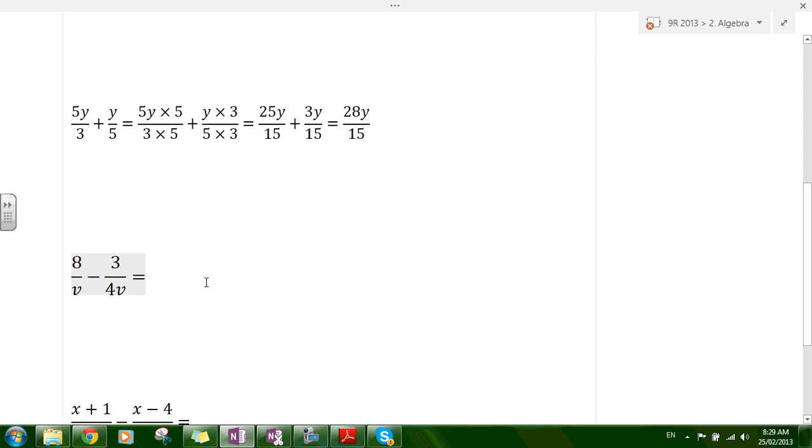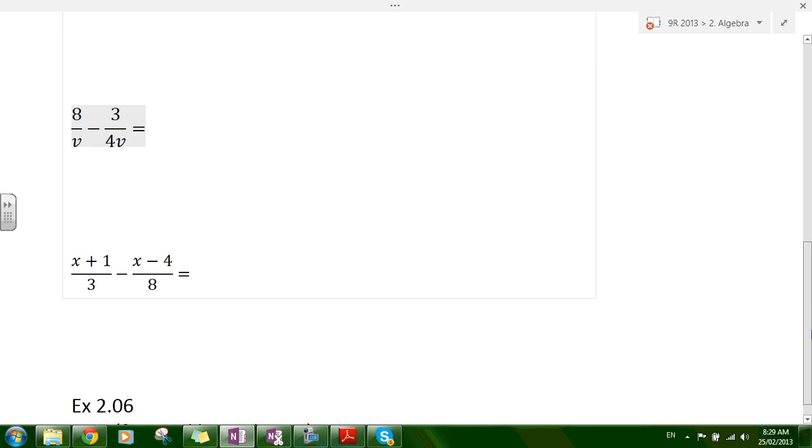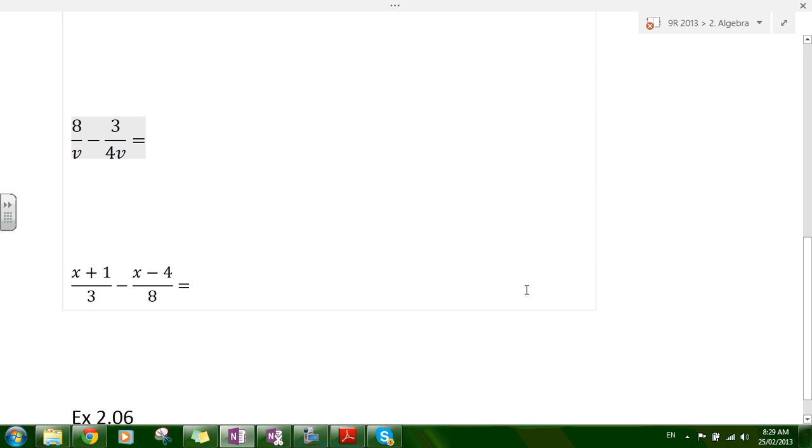Here's another one that we need to work with, except this time we have an algebraic part or variable in the denominator. And so 4v is this one. For this side, to get to a denominator of 4v, I have to multiply top and bottom by 4. And so that's what I'm going to do.